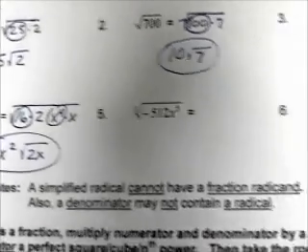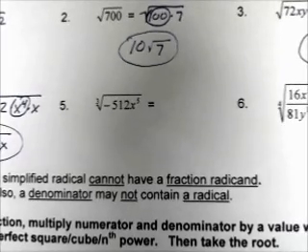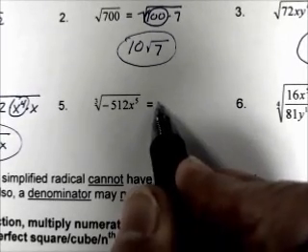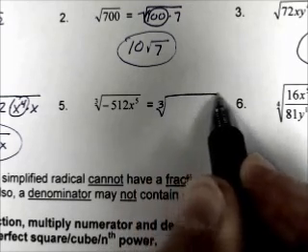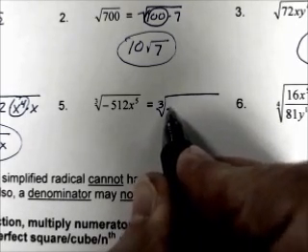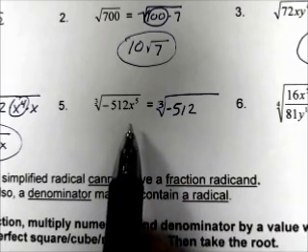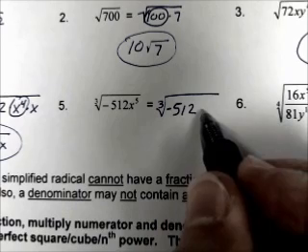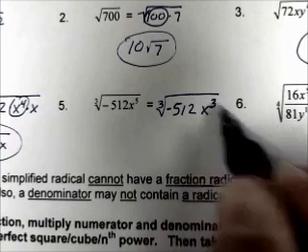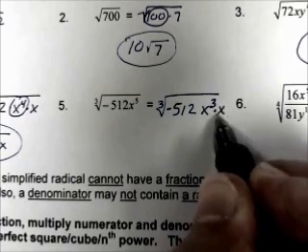Number 5 is a cube root. We want the cube root of negative 512x to the fifth. So we're breaking down: negative 512 is a perfect cube. X to the fifth is not. What part of it is, though? X to the third. So we'll break x to the fifth down into x to the third times x squared.